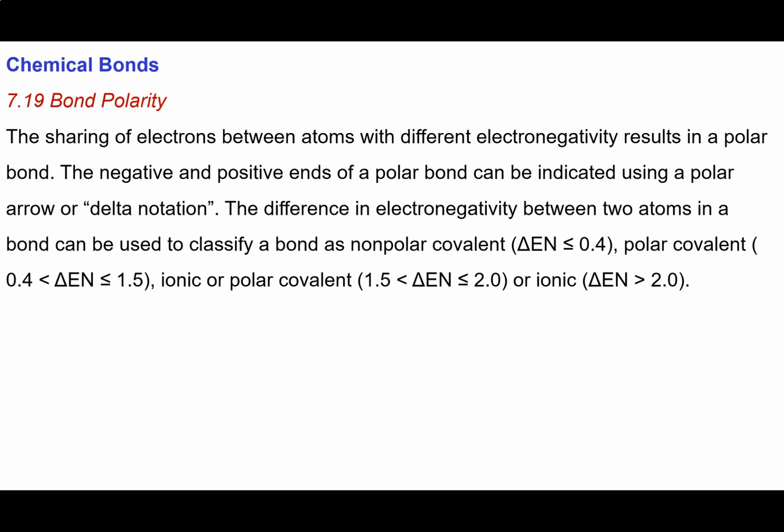Now, once we get beyond a difference in electronegativity of about 1.5, then it starts becoming extremely polar, and we may even see complete transfer of electrons. Once we move beyond a difference in electronegativity of 2.0, then we don't have sharing of electrons at all. We just have complete transfer of electrons to the more electronegative element.